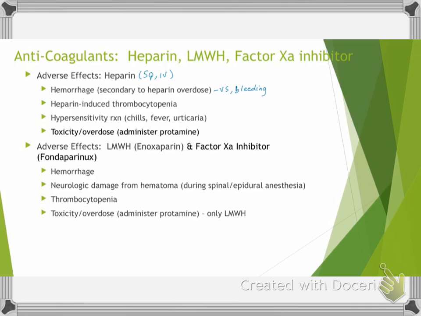We'll look for hypotension, an increase in heart rate, petechiae. We'll see bruising, hematomas. They're going to start having black tarry stools, okay? So if we see any of those, we're going to stop administration and we're going to give protamine, okay, which is the antidote.